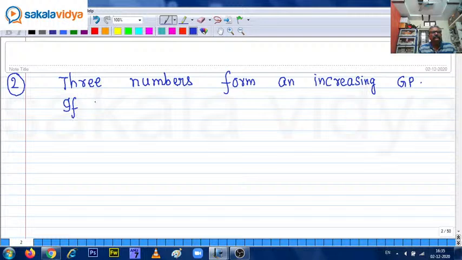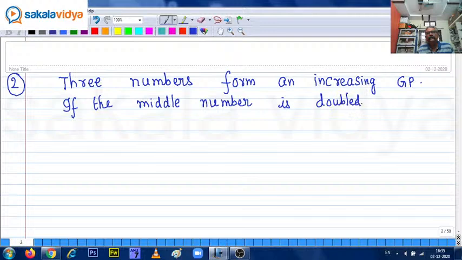If the middle number is doubled, then the new numbers are in arithmetic progression.